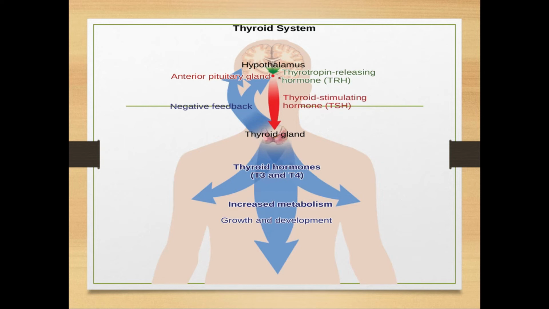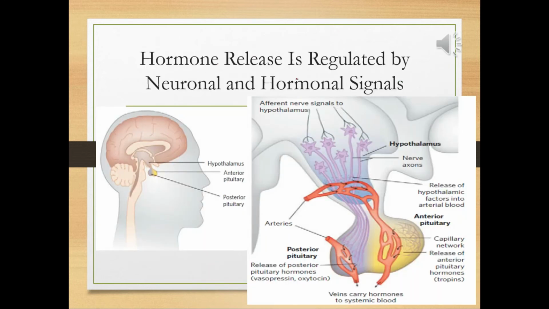It also tells the pituitary gland to produce and release hormones that affect other areas of the body. The pituitary gland is connected to the hypothalamus through a stalk of blood vessels and nerves known as the pituitary stalk. Through that stalk, the hypothalamus communicates with the pituitary, as we can see in this diagram.